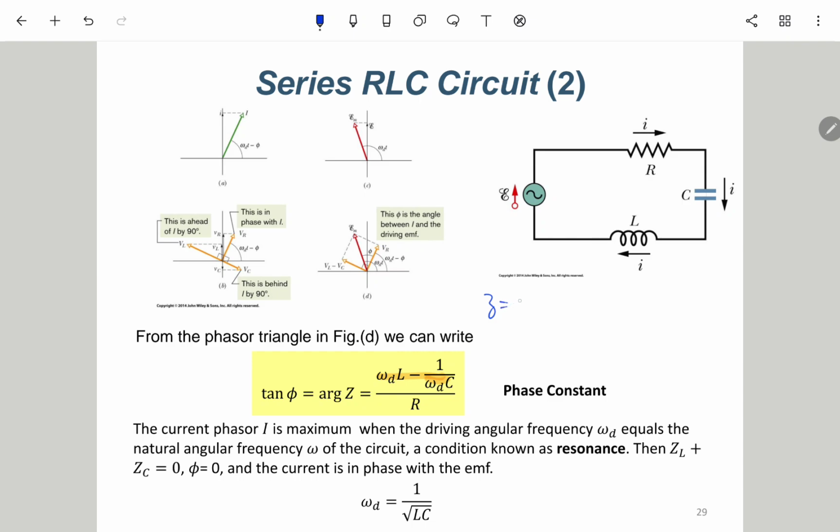If you have Z equals A plus jB, in the coordinate plane this is A, this is B, so tangent phi will be B over A. Why not say phi equals arctangent of this stuff?